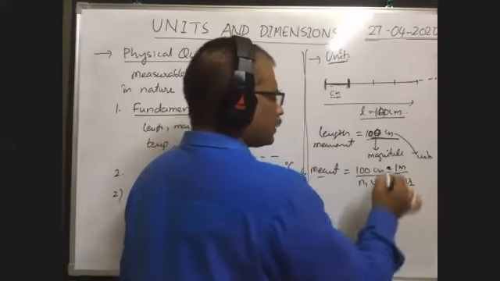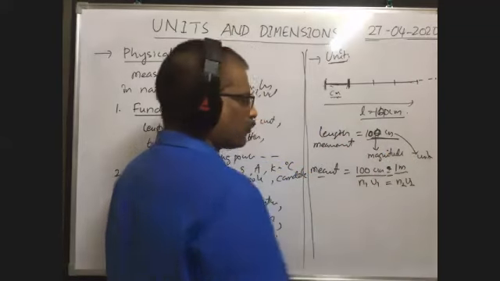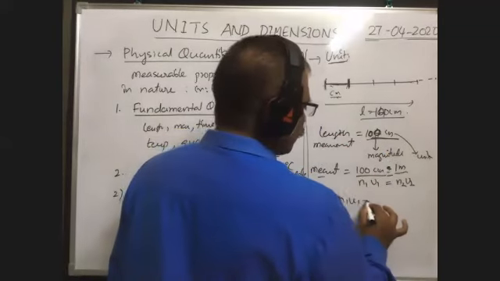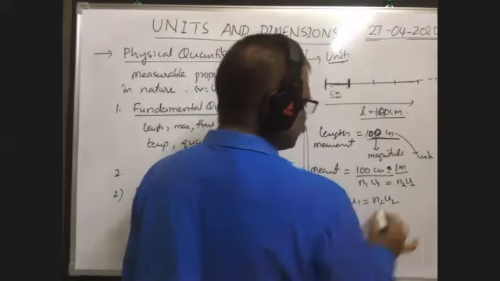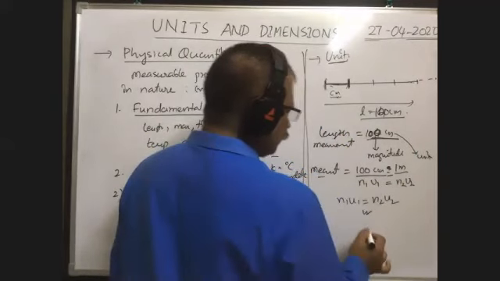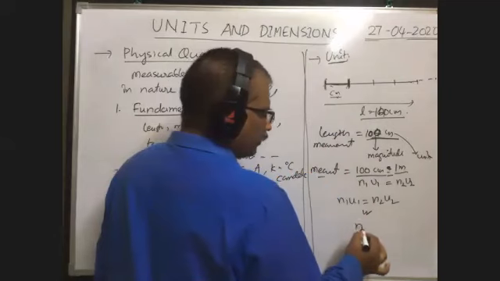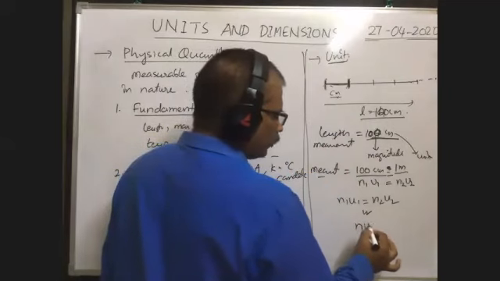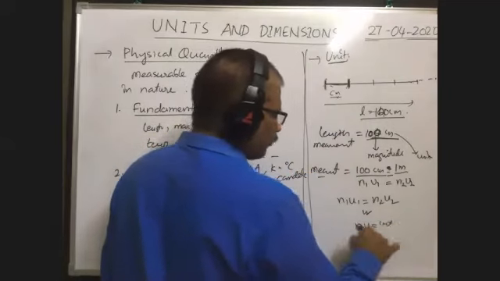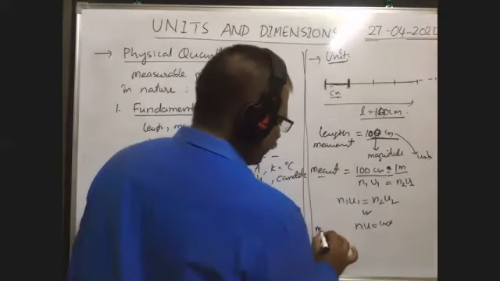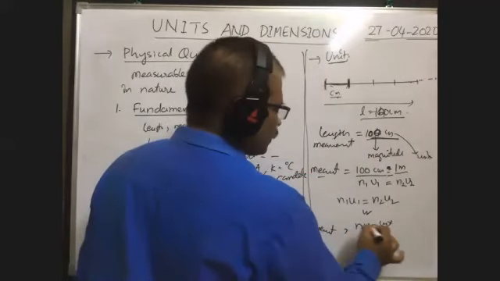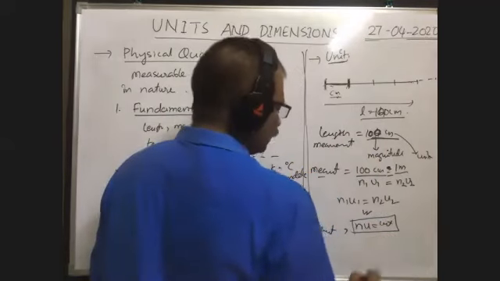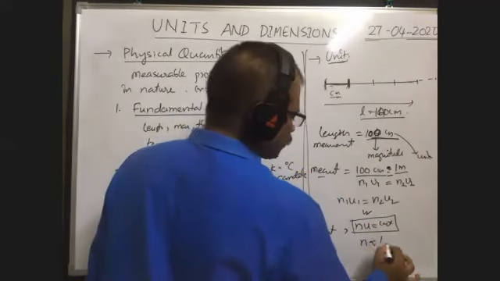So the measurement remains the same. That's why N1 U1 is equal to N2 U2. Or in general, the magnitude is N and the standard quantity unit is U. The product of these two remains constant for any measurement. So for any measurement, N into U is equal to a constant, or N is inversely proportional to U.